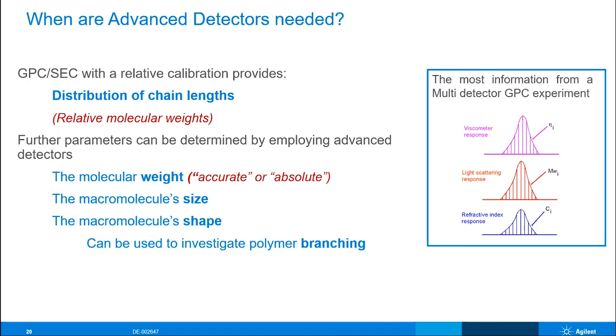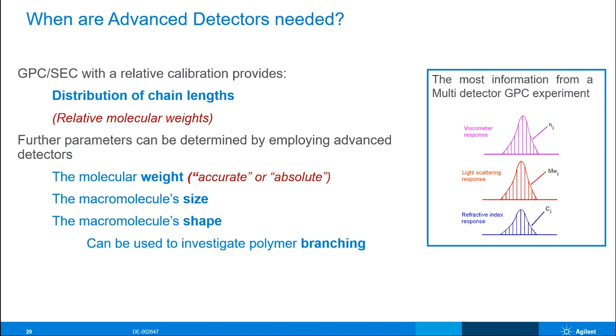But if you're interested in knowing the molecular weight, be it accurate or absolute, if you're looking for information on the macromolecule's size in solution, or if you're looking to extrapolate information on the macromolecule's shape in solution, this is when you need to start thinking about getting light scattering, or in some cases viscometry, into the mix. As these are going to allow you to dive much deeper into looking at these material characteristics.